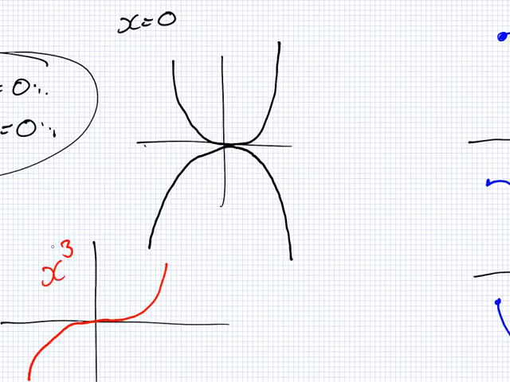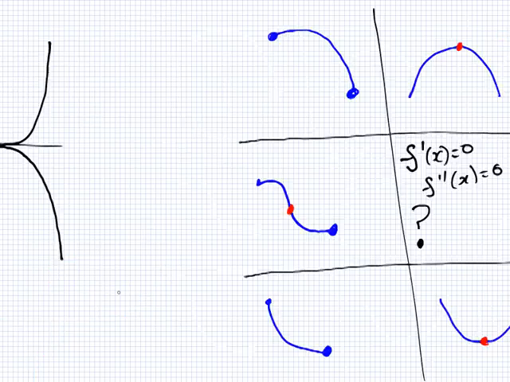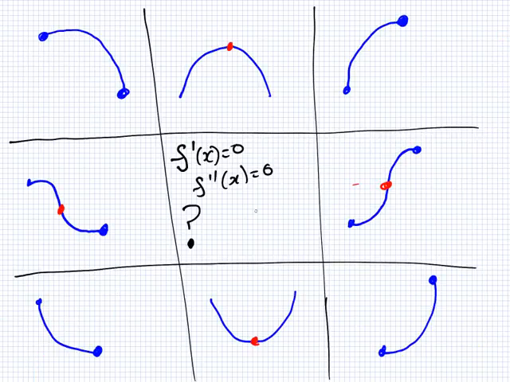Now this part is not really so much on the exam, and it's not even on the syllabus, saddle points. Inflection points are on the syllabus, but saddle points aren't. So for us, we don't have to worry too much about this. If they're both 0, it means we don't know the shape.